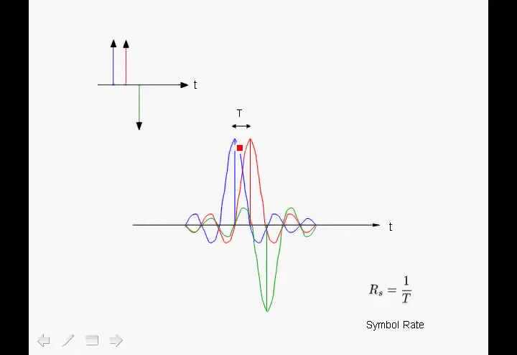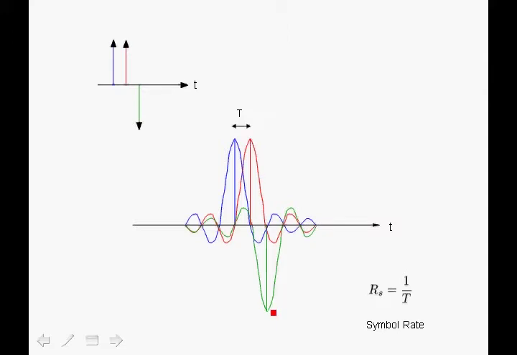And notice that because of the property of the sinc function, if the impulse following the first impulse is exactly T seconds later, then the peak of the second impulse response corresponds to the case where the first impulse response goes through 0. So we have 0 intersymbol interference at this point.